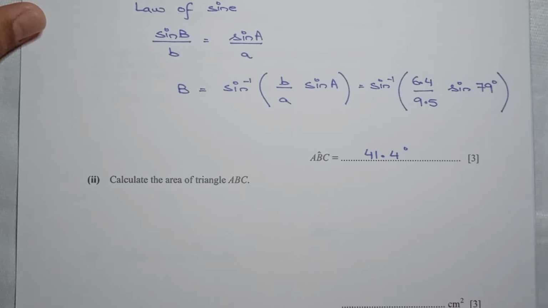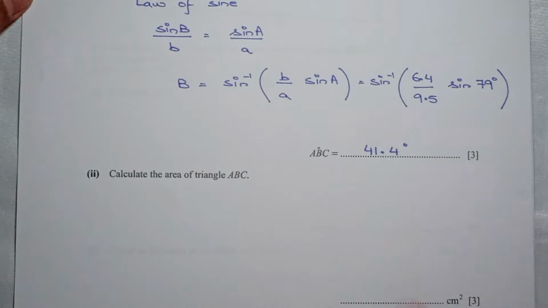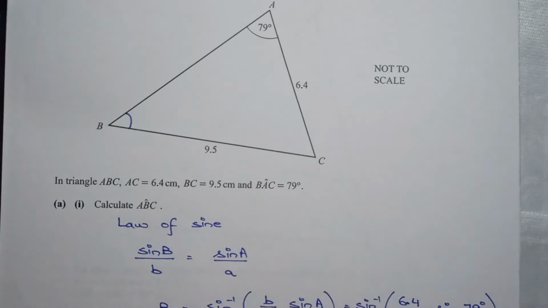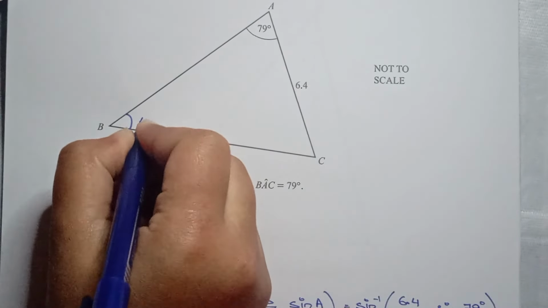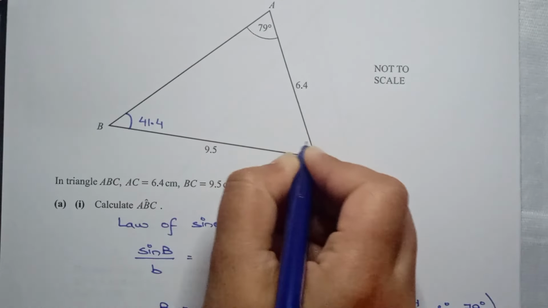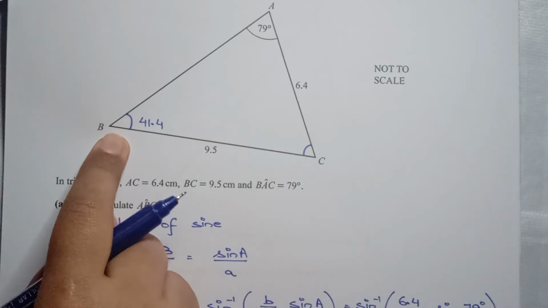Now for the second part, calculate the area of triangle ABC. To get the area, we have this angle as 41.4. How can we find angle C?